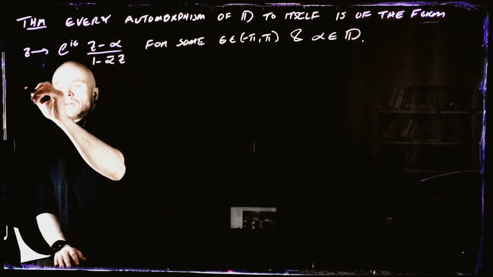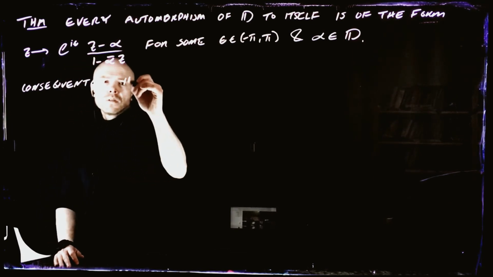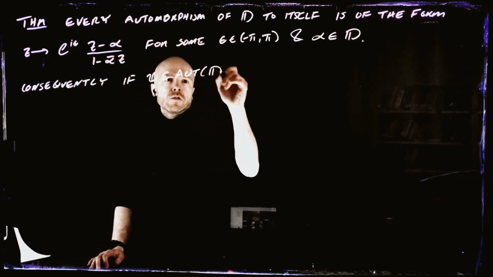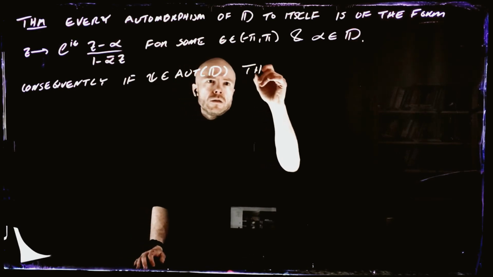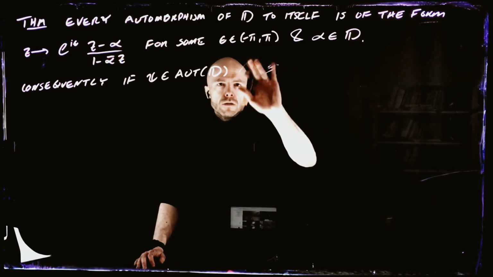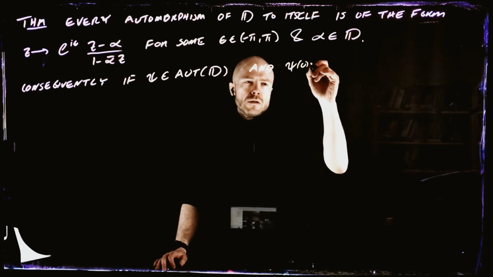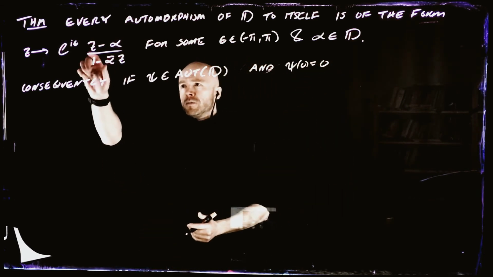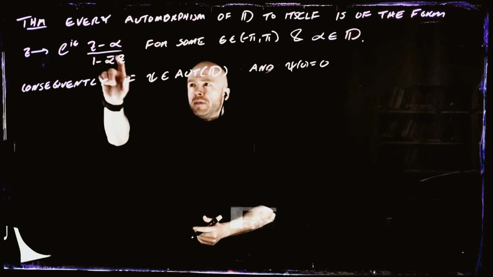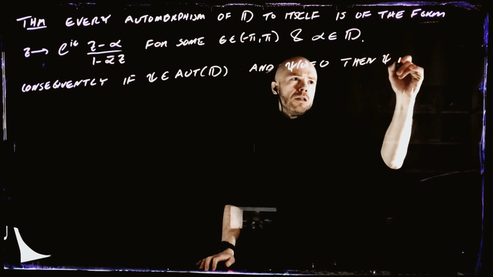So if phi belongs to the automorphism group of this thing and phi of 0 equals 0, then since it has to be of this form, if putting 0 into this gives 0, alpha has to equal 0. Then this entire thing is just a rotation. Then phi is a rotation.